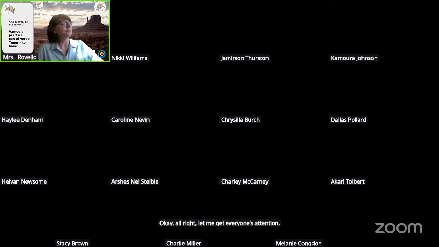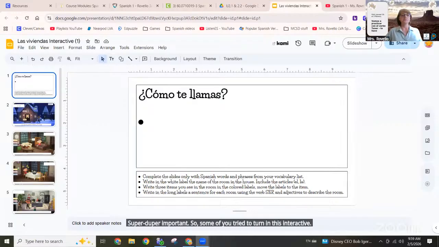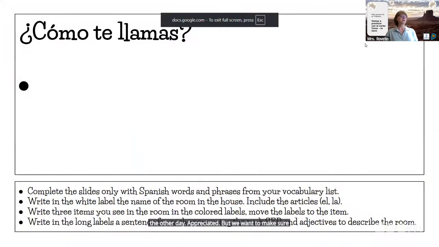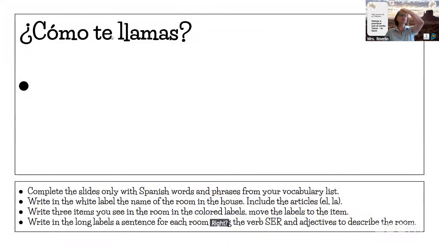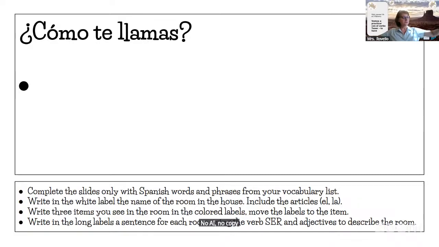This is super important. Super duper important. Some of you tried to turn in this interactive the other day. Appreciated, but we want to make sure that we're doing it correctly, right? So, ¿cómo te llamas? You put your name in here. Me llamo Bob. Okay. But here are the instructions. Complete the slides only with Spanish words and phrases from your vocab list. So no AI, no copy paste, no nothing.